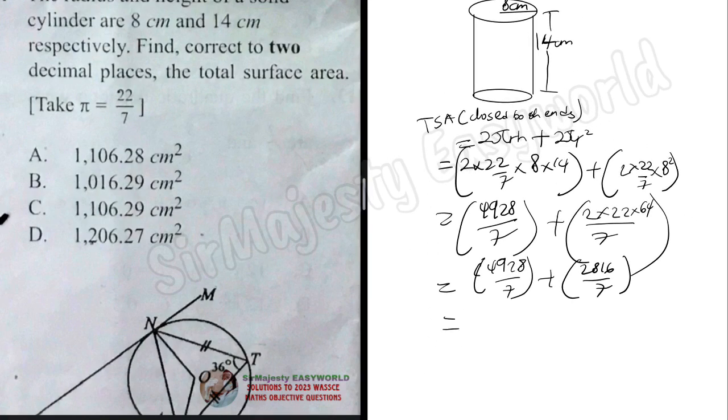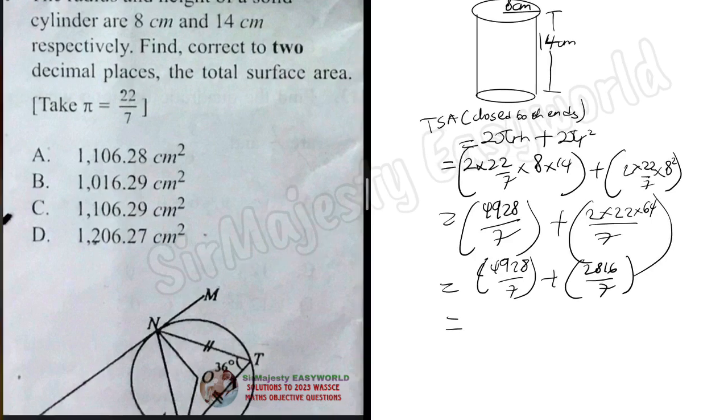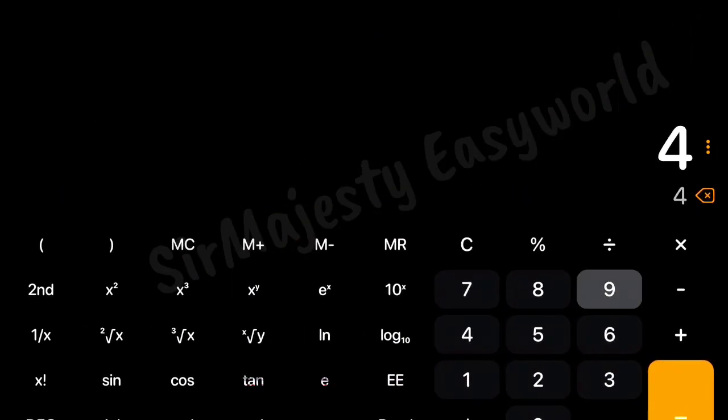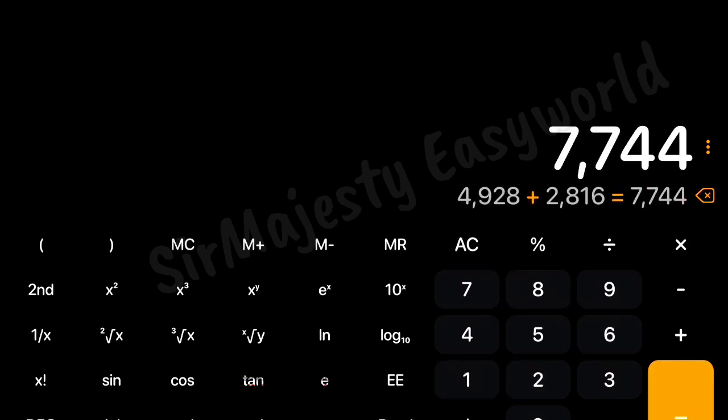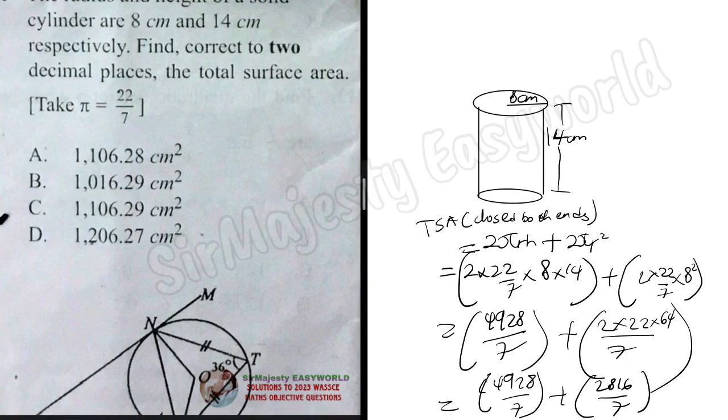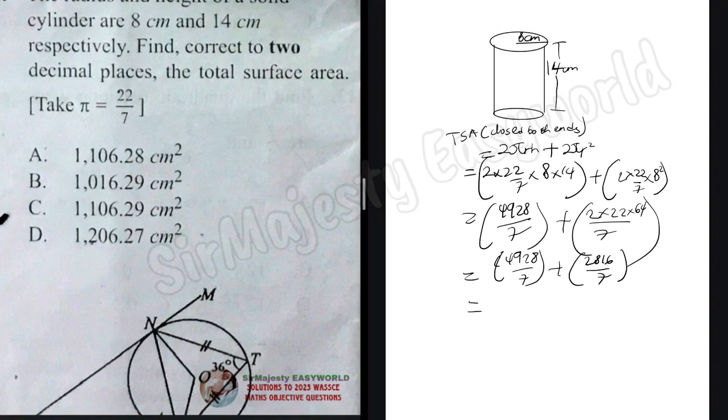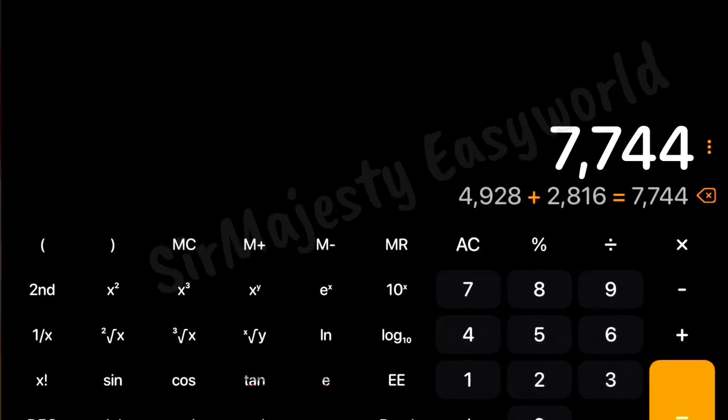So I need to add both sides together. So this will be 4928 plus 2816. This is 7744 over 7. So we're going to divide that by 7.